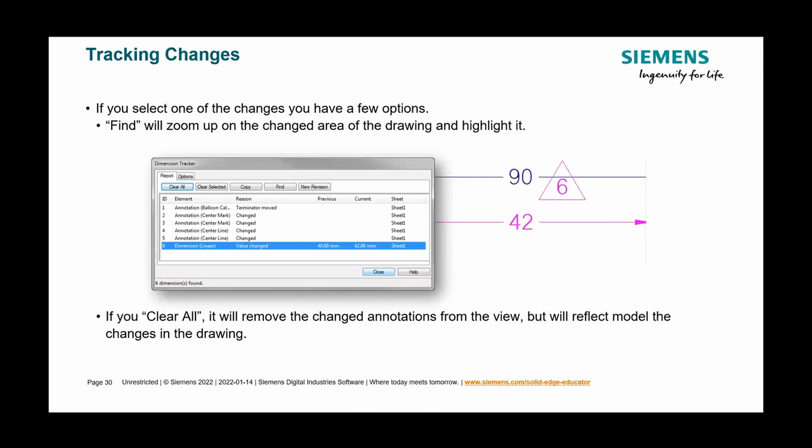So the dimension tracker will very easily let you know useful information, such as exactly which dimensions were changed, what it was changed from, the old value, as well as the new value. And, when you're done viewing the changes, you can simply clear them and then close the dialog box. Simple as that.